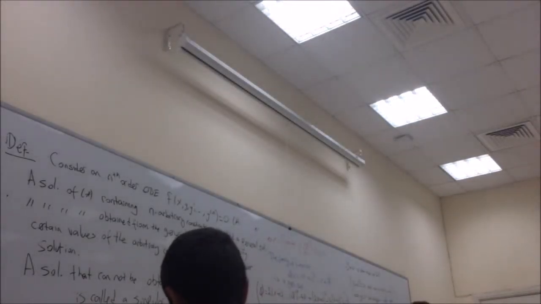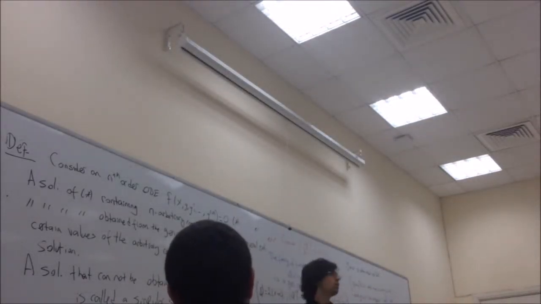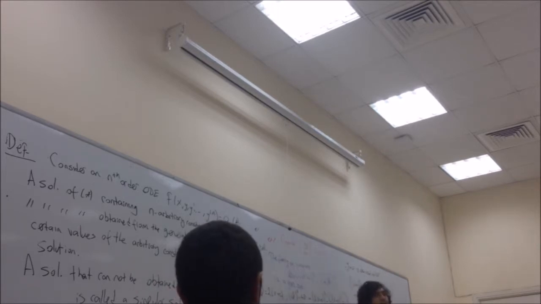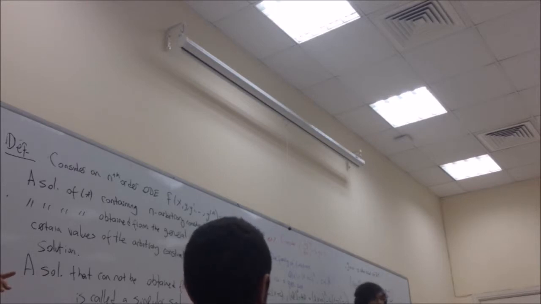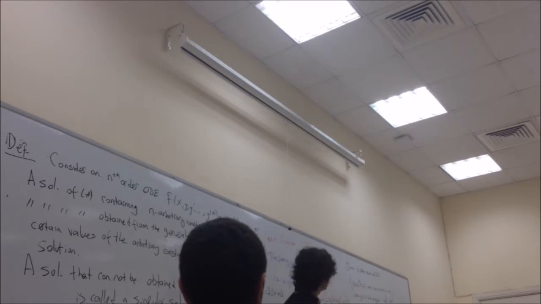And I'll leave this for you to check at home. I claim that this family of functions, c1 times sine 3x plus c2 times cosine 3x, where c1 and c2 are arbitrary constants, is a general solution of this equation: y double prime plus 9y equals 0.